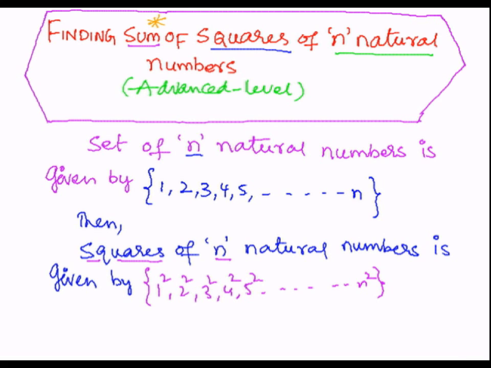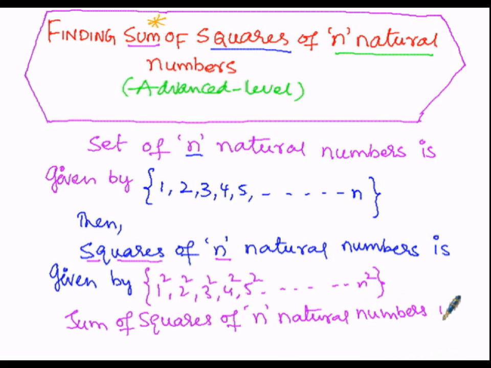So here, the sum of squares of n natural numbers is given by: the sum indicates the addition of the squares of n natural numbers, that is, the set consisting of 1 square, 2 square, 3 square up to n square.